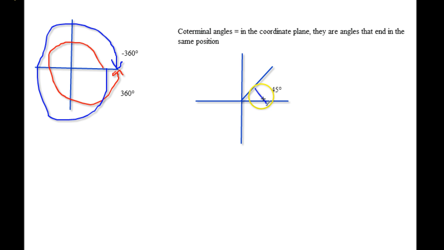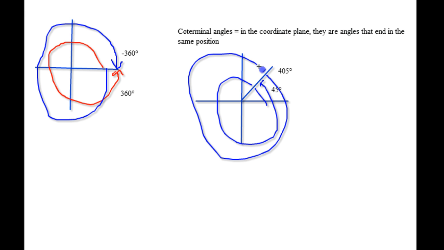Now if I go around another 360 degrees from that position, I would find that new angle to be 405 degrees. Or I could go the other direction and subtract 360 from 45, and I would find it to be negative 315 degrees.